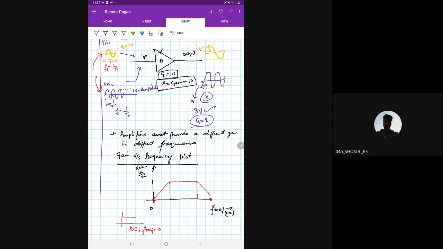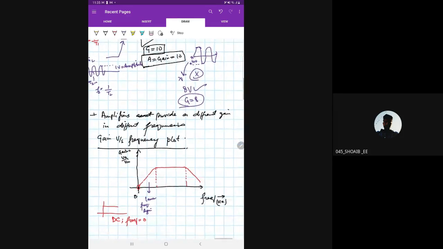One is lower frequency region, the another one is medium frequency region, the third one is high frequency region.